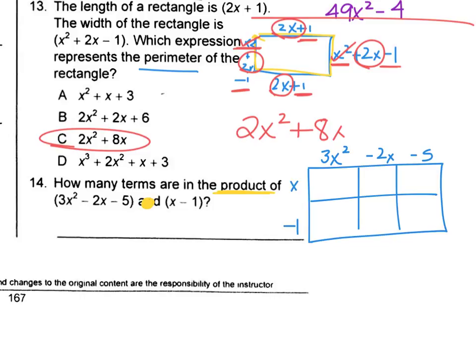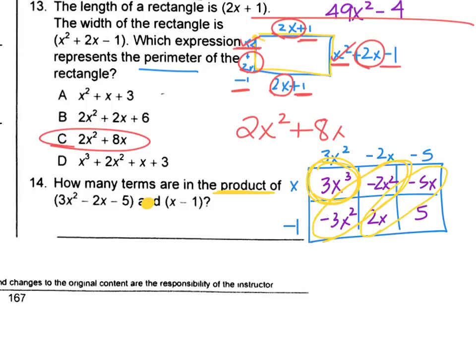We're going to fill out the middle here, so it's going to be 3x to the third, negative 2x squared, negative 5x, negative 3x squared, positive 2x, and positive 5. And we want to know how many terms will be in the answer. So I know I'm going to have 1 right here with my x to the thirds. These x squareds are not going to cancel each other, they're going to combine, so that will be another term.